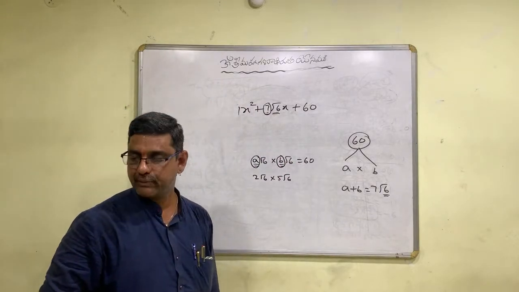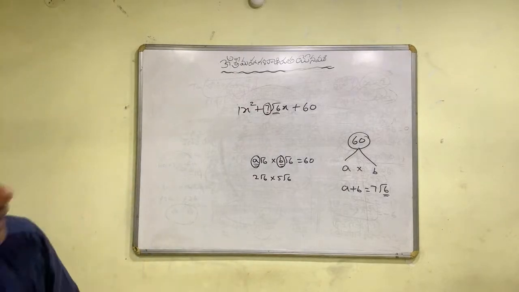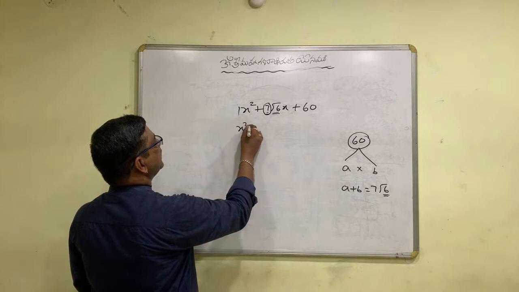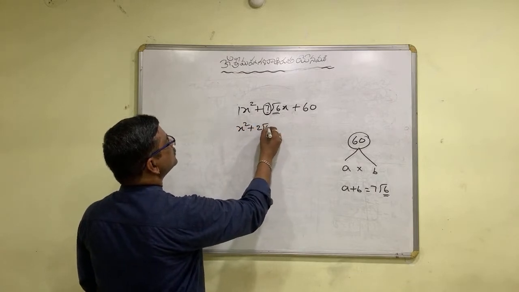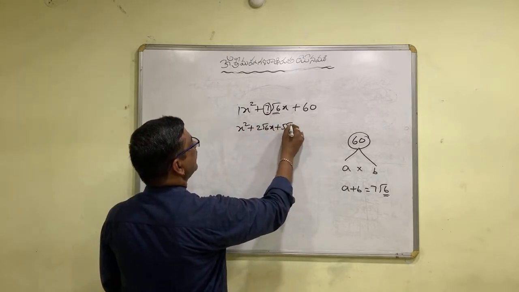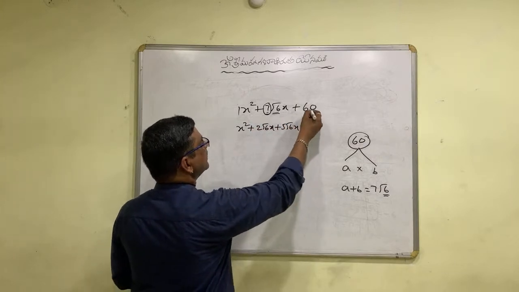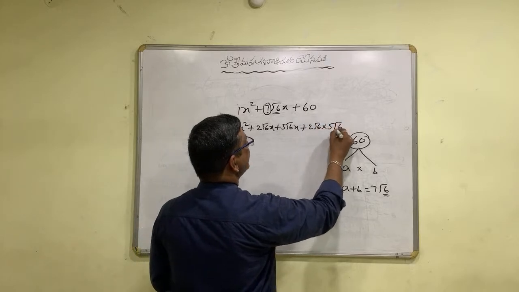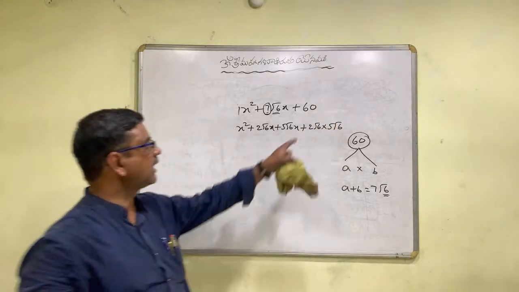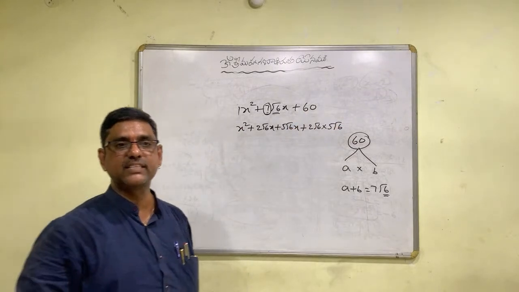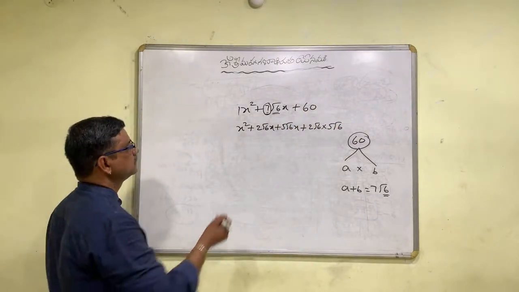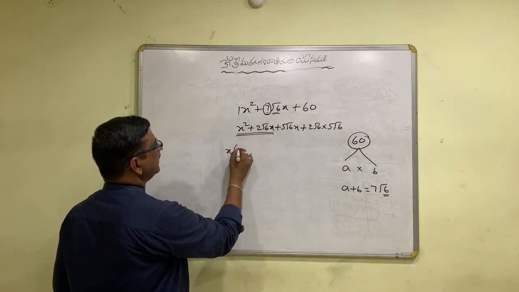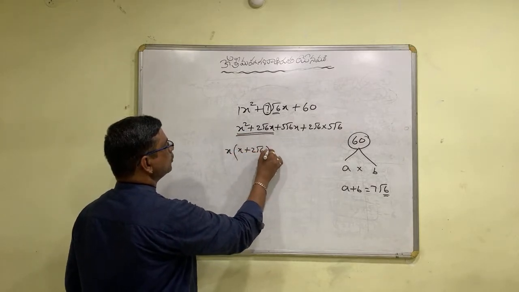Okay, children? Now what I do: x square plus 2 root 6x plus 5 root 6x plus, and this 60 I am writing as 2 root 6 into 5 root 6. From the first two I will take x common, remaining is x plus 2 root 6.